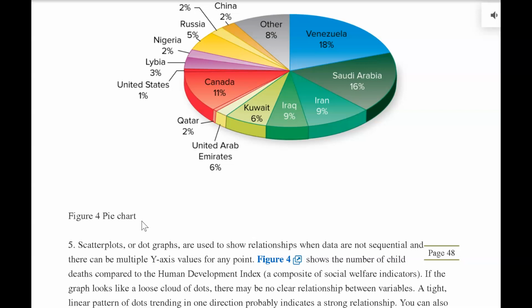So it's a pie chart. If this chapter were about oil and some other types of conventional resources, probably the figure title would be pie chart of proven oil reserves by country, right? Because when you are looking at the title of the chart, you should already know what the chart is about.